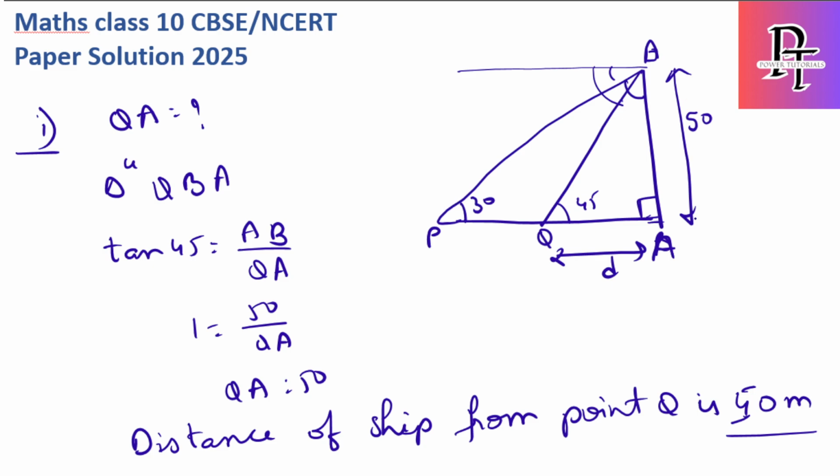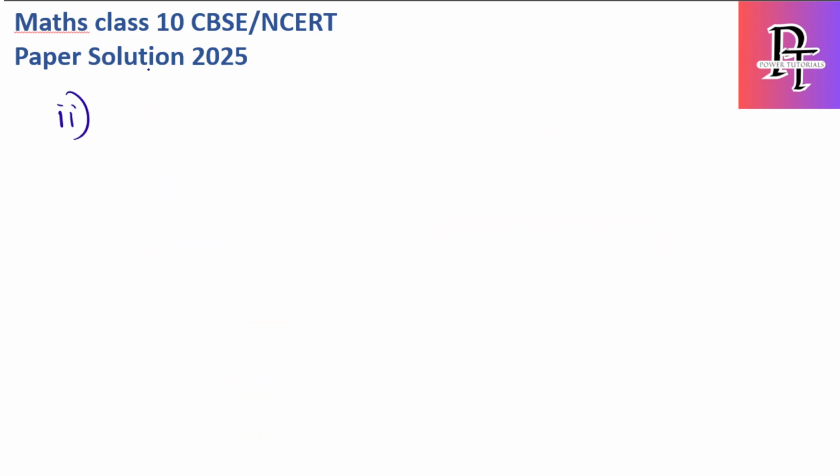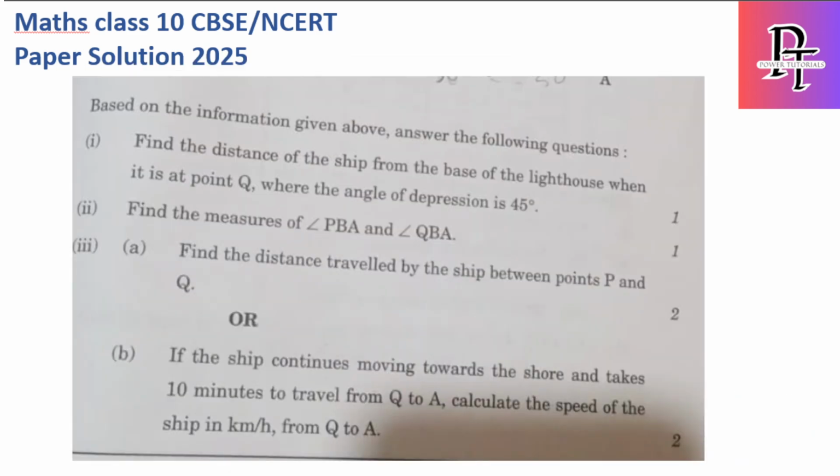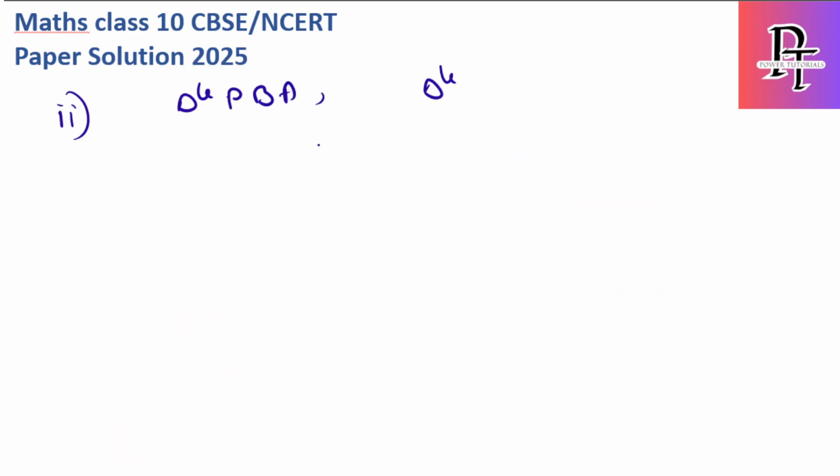So PBA. So I'll write here. Consider triangle PBA. Consider another triangle. Another triangle is not required. I think QBA they're asking. What is the second one? QBA. I'll write both separately.